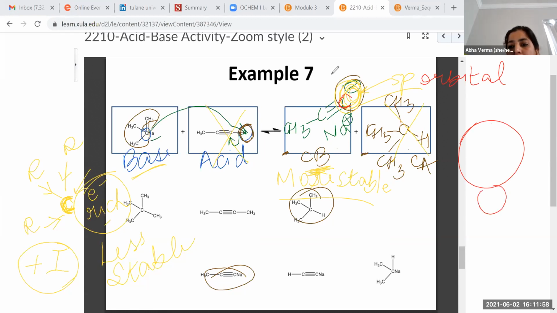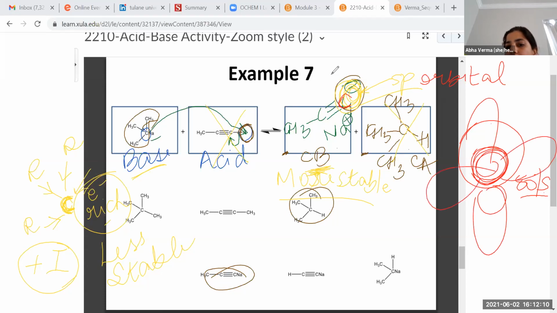An sp orbital has 50% s character. What does that mean? It means that the electrons are close to the nucleus, not everywhere in directions. When you have a p orbital, you have a directionality associated with it.